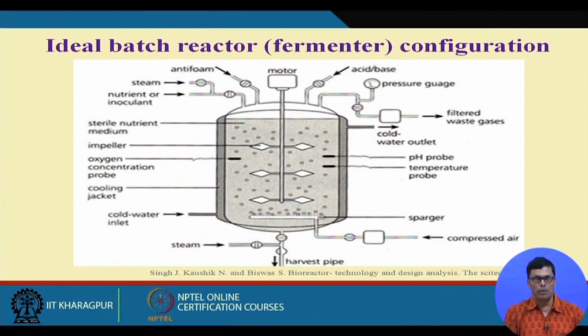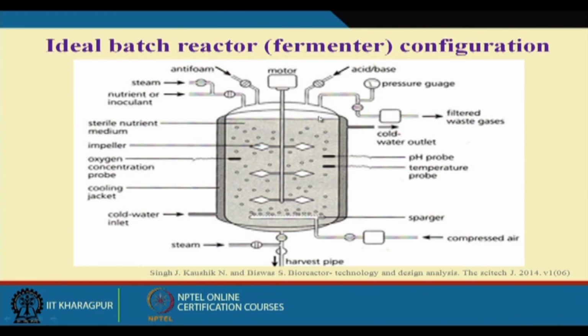We take oxygen from the air, but microorganisms take the oxygen which is dissolved in the liquid. So the microorganism can utilize the oxygen dissolved in the water for growth and metabolism. That is very important. So you have to sparge the air continuously, so that the dissolved oxygen concentration increases. That is the major bottleneck of this process.